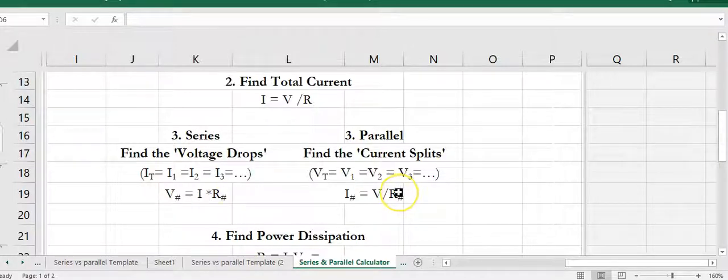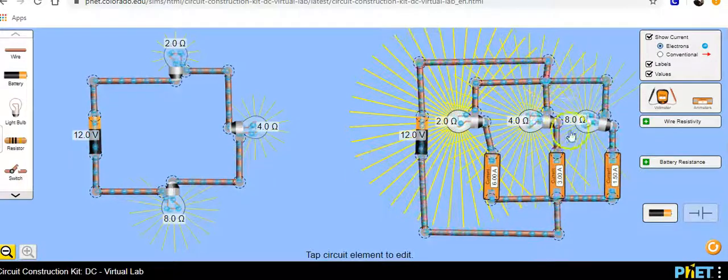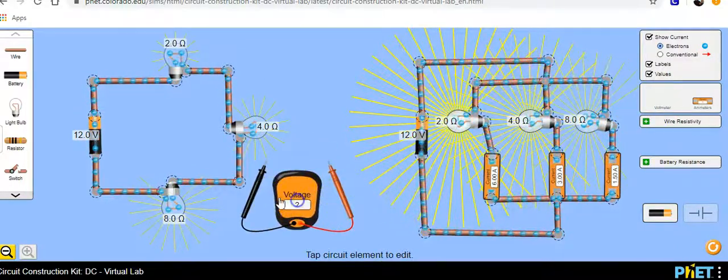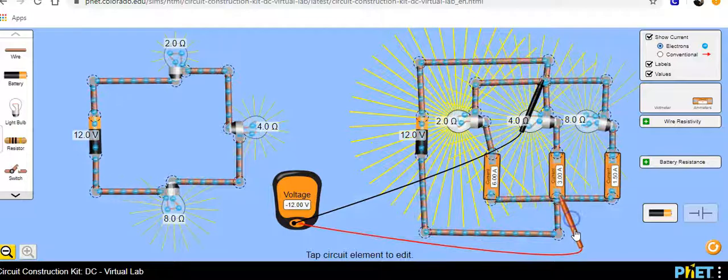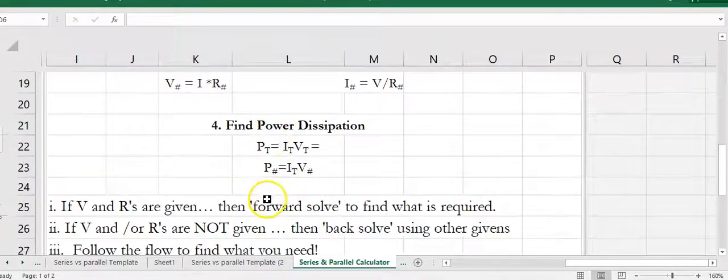And of course, if you're dealing with a parallel circuit, the branches have their own individual currents because each branch is connected to the same junction. So they all have the same voltage across them, all 12 volts. Okay? And then power dissipation.